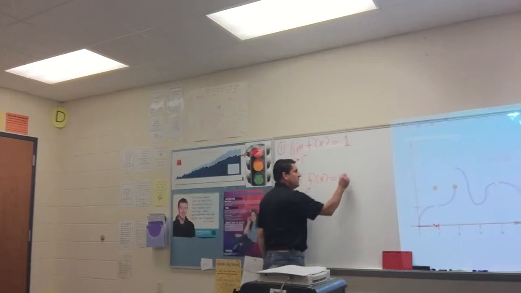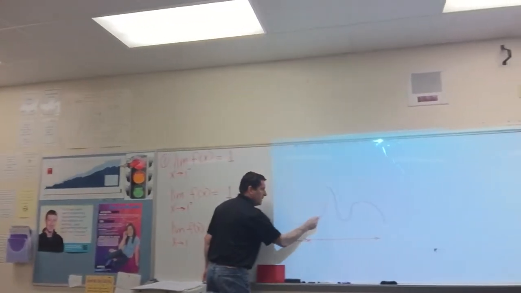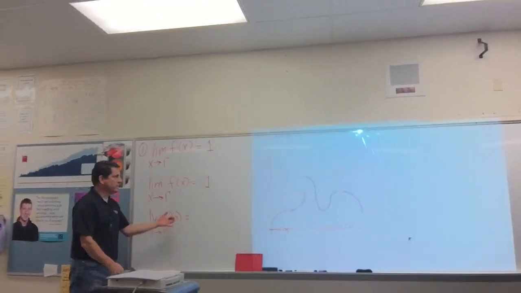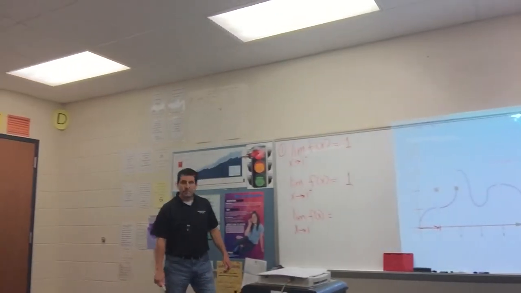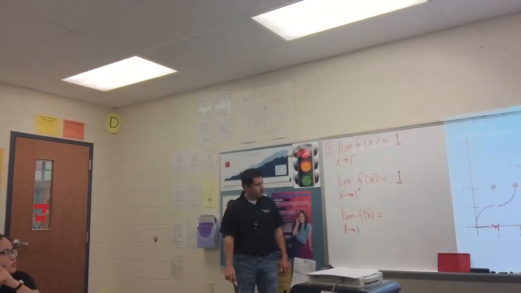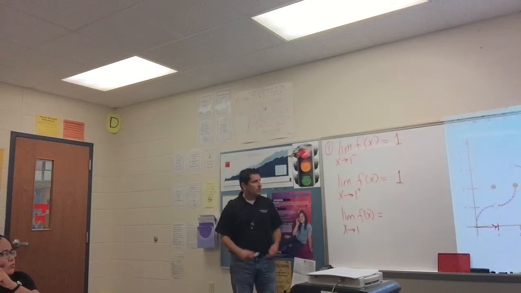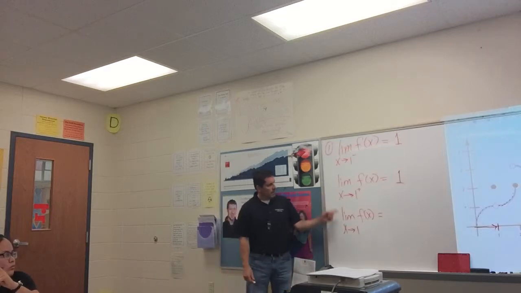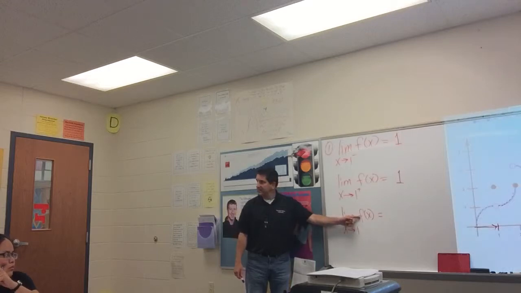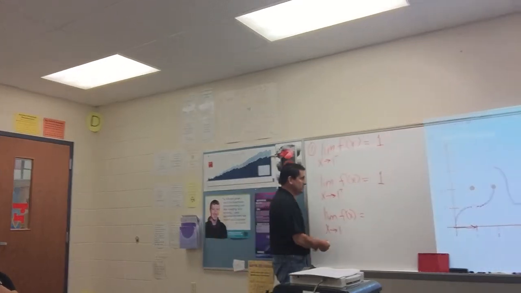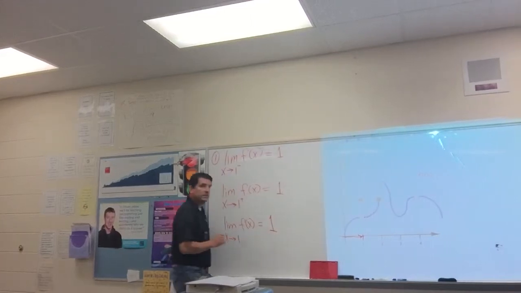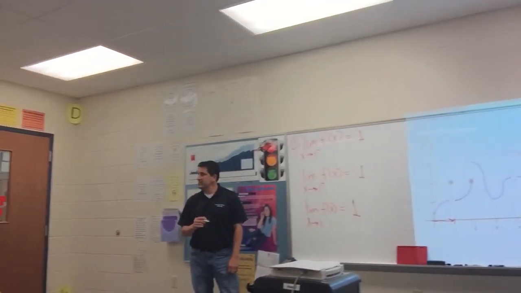And the answer is 1, is correct, because we're coming in from here, so it looks like it's going to be 1. Now I'll say this one. The limit as x approaches 1 of f of x then is equal to 1. Those two can be interchanged as they are. Does that make sense?